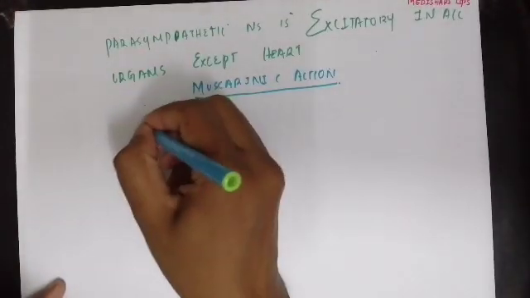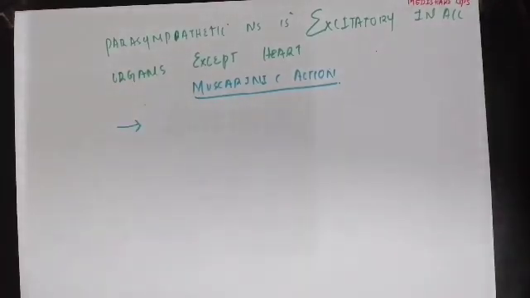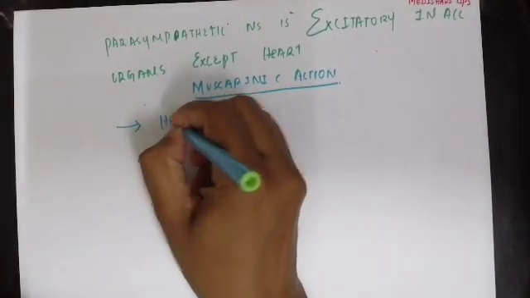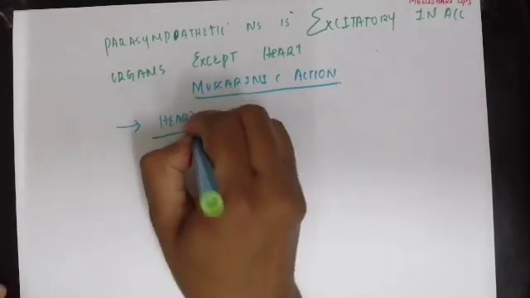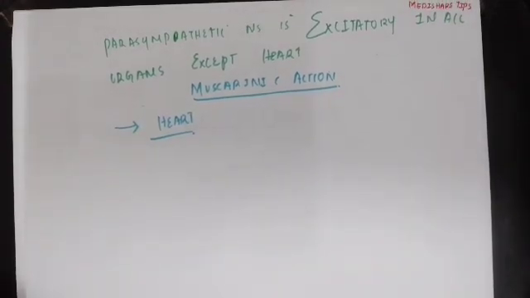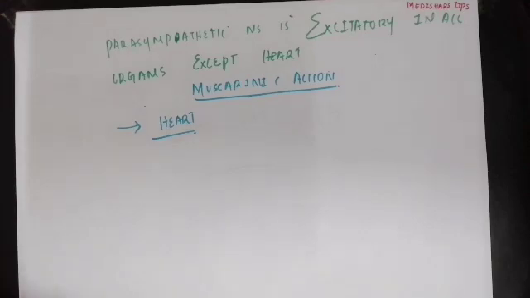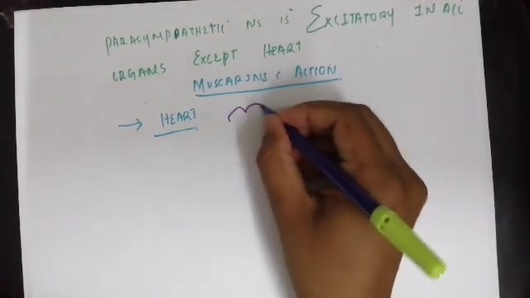So we should take each and every organ first. First we shall see the action of the parasympathetic nervous system on the heart. So this is the heart.